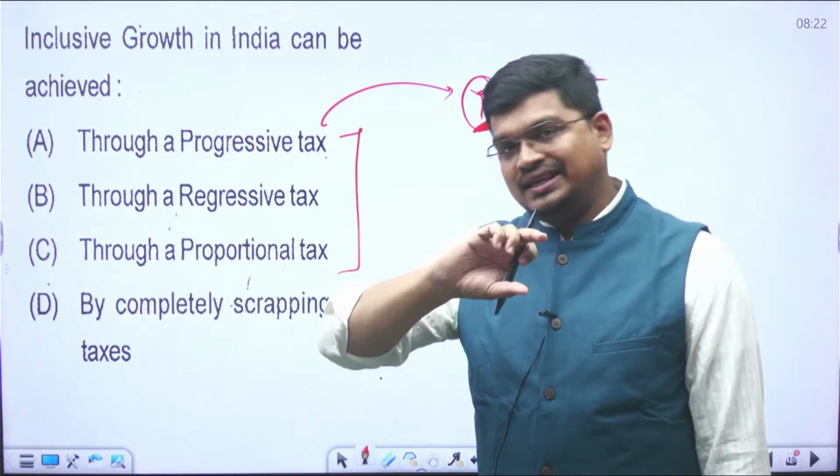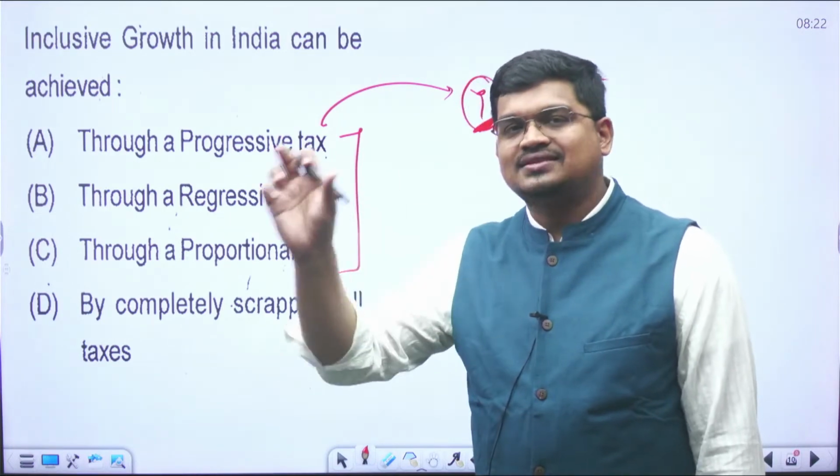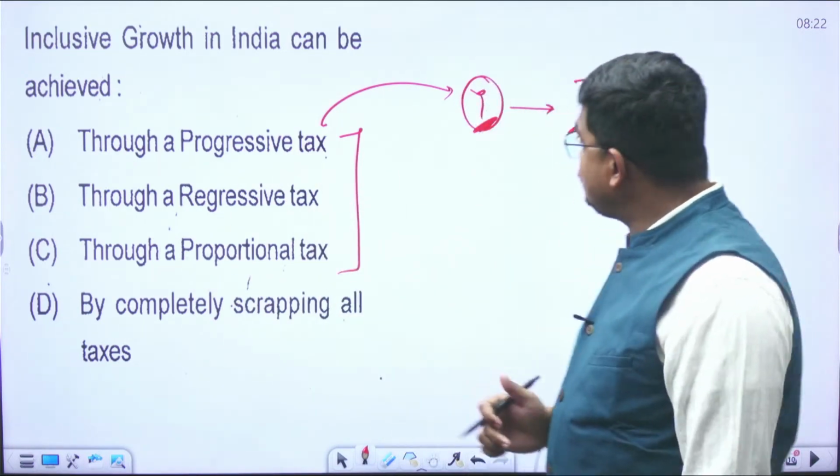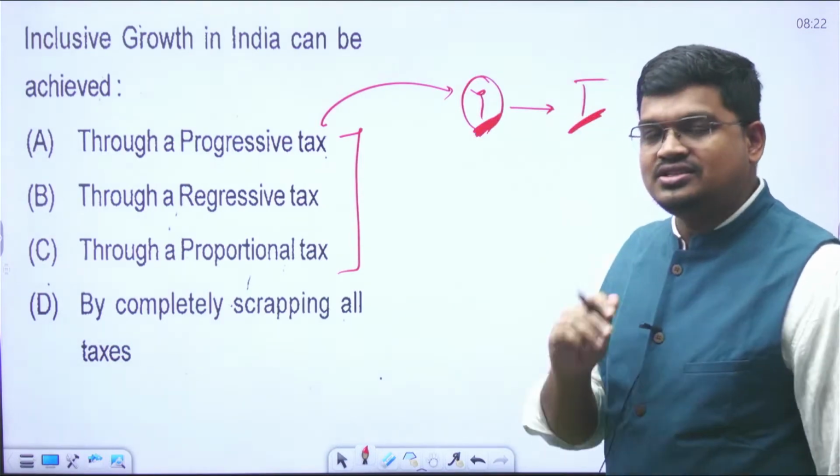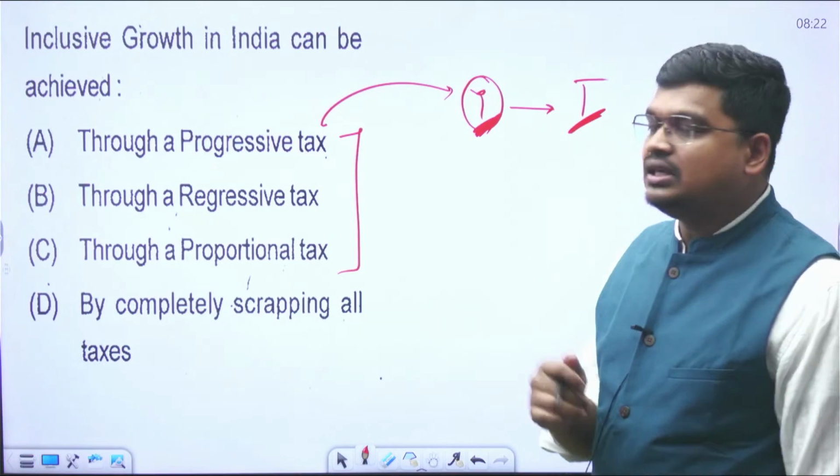So as the income bracket increases, the tax rate also increases. So that is what we call this increase in income, increase in tax, that is the progressive tax.